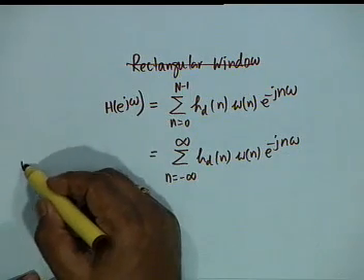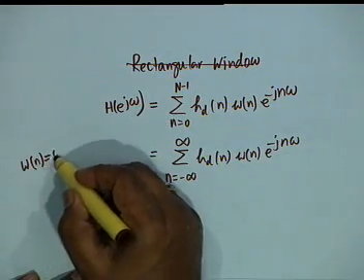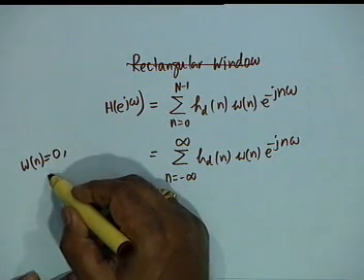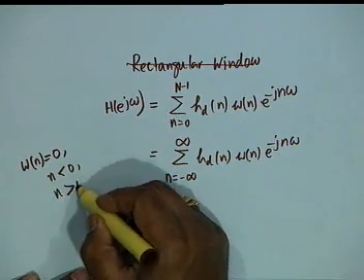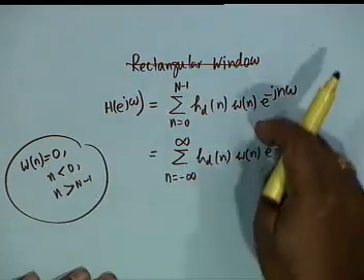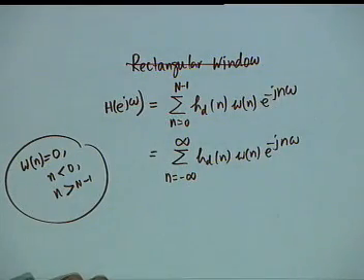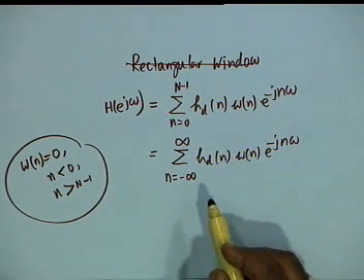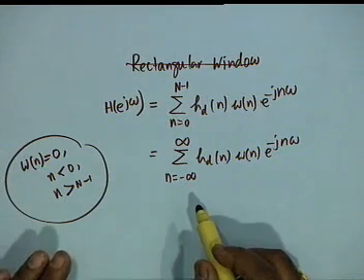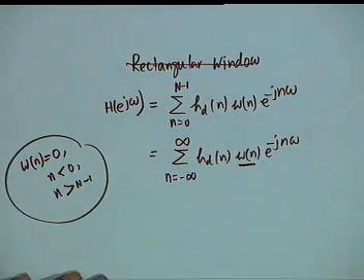That is, I must choose w[n] equal to 0 for n less than 0 and n greater than N minus 1. That is why these two are identical. But the second formulation now will help me in finding out what should be the optimum w[n]. Let us look at that.